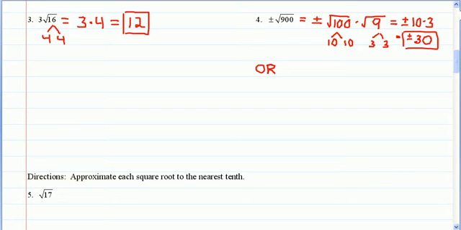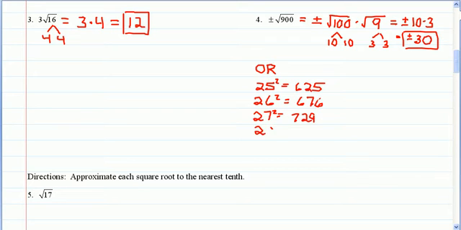Now this is not the only way we could have done this problem. The list above only goes up to 25 squared, and 25 squared is 625. If you'd like, you can just pick up with 26 squared, which is 676, and keep going until you get to 900. 27 squared is 729. 28 squared is 784. 29 squared is 841.